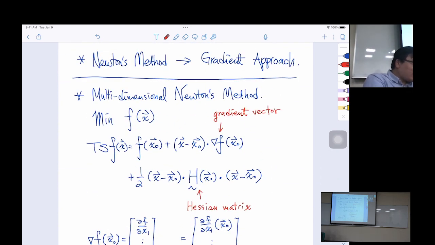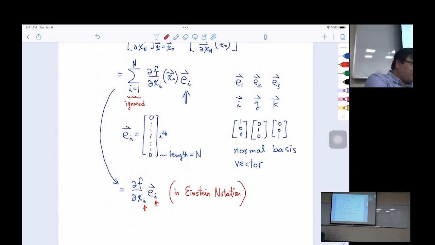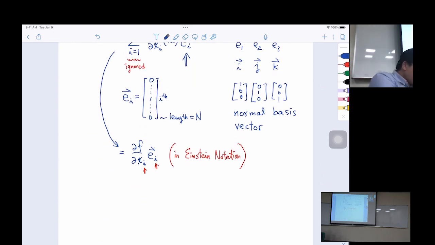There's another guy called Hessian matrix, right? I will tell you what is the Hessian matrix. Basically, it's a huge matrix that includes all the second order partial derivatives.